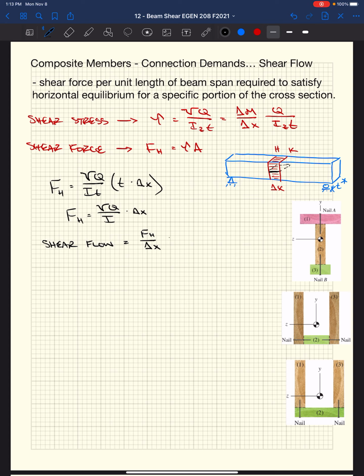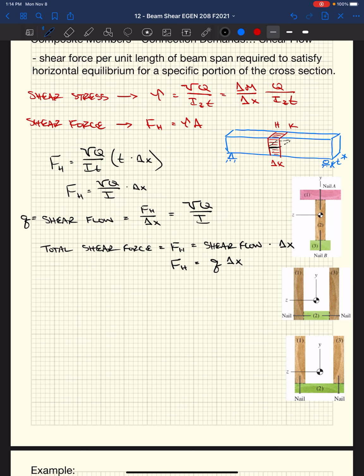So if we take our delta x over to the other side, we get that our shear flow is VQ over I. So the total horizontal shear force is really the shear flow times delta x, or F sub H equals q times delta x. Shear flow, we're going to call q.